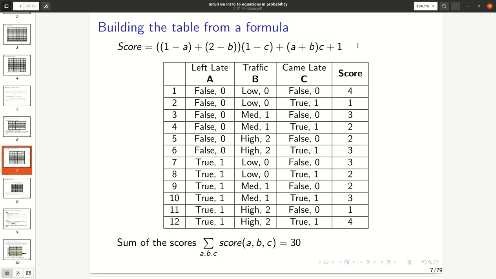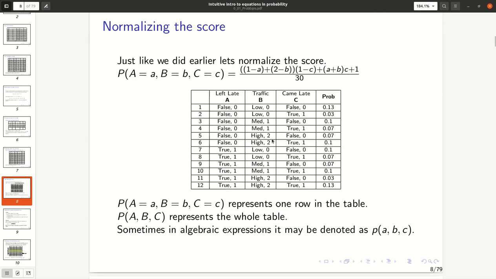So let's convert this into probability, just like we normalized the frequencies to probability earlier. We can convert the scores also just by dividing by the sum of the scores. If we compute the sum of the scores, it is 30. Hence we will divide the scoring function by this value 30 in the denominator and obtain the probability function.